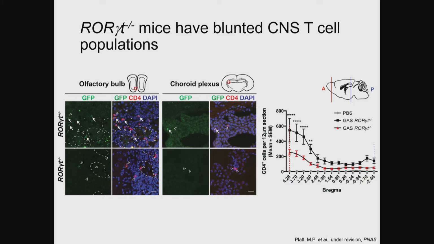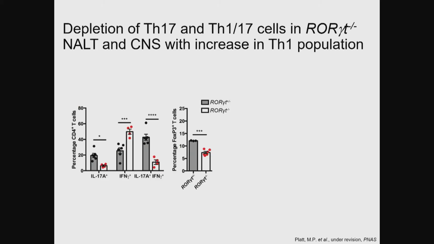But it's unclear from this data what the identity of these remaining cells is. So what I did was type them based on what cytokines they express. I looked at the cytokines IL-17 and IFN gamma, and then a third portion of T cells called Tregs, which are anti-inflammatory.